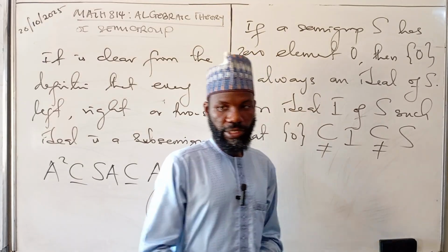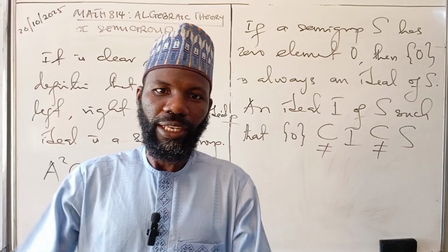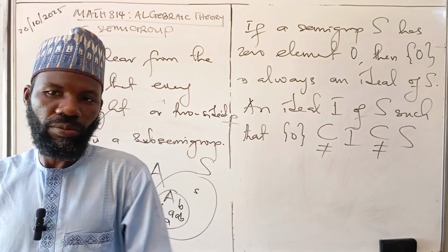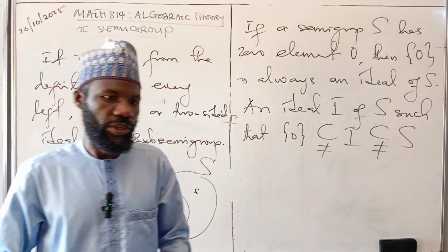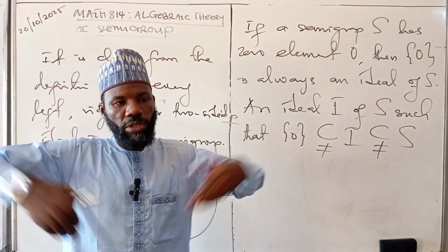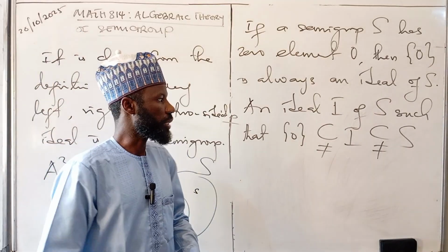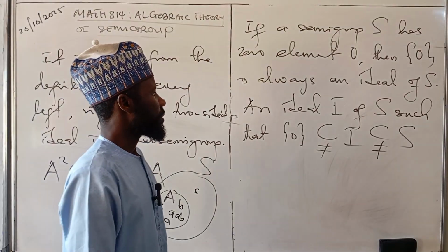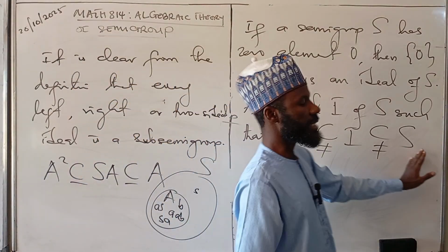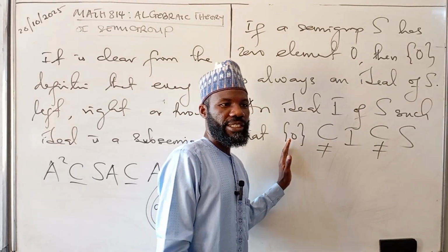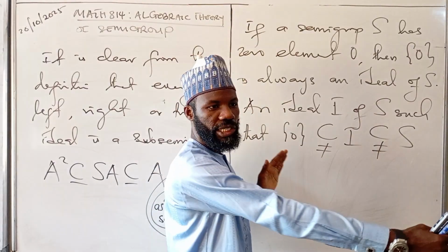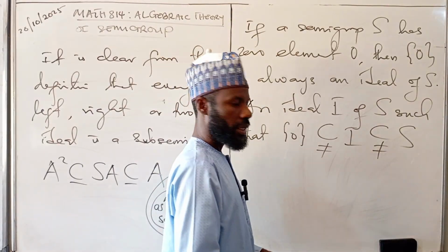S is an ideal of itself, like it is a subsemigroup of itself. Every subset is a subset of itself. So every semigroup is a subsemigroup of itself. This is also there for groups. So S is an extreme example, and 0 is at the other extreme. Any other ideal sitting in between is called proper.